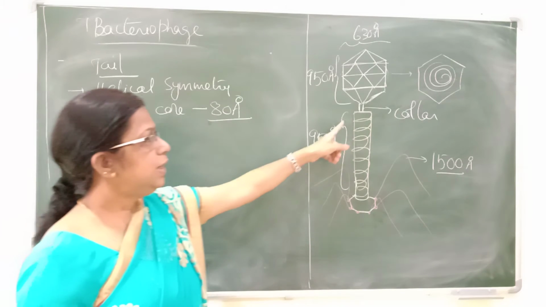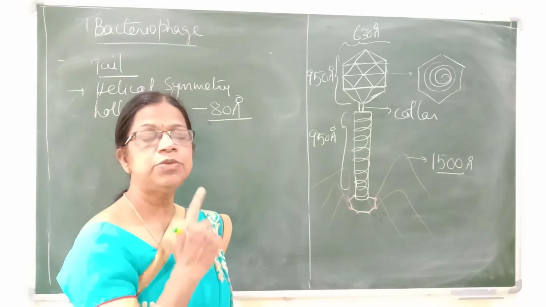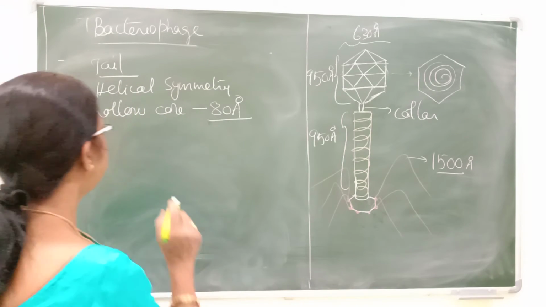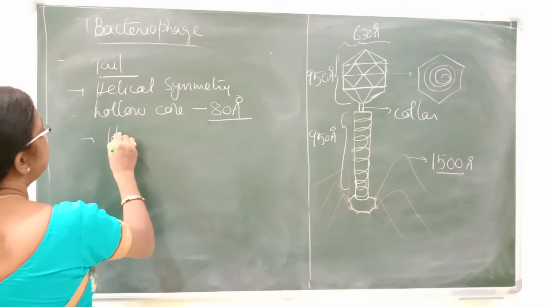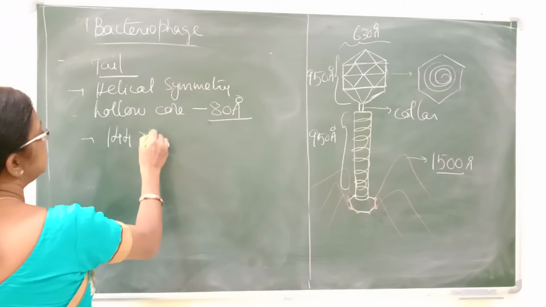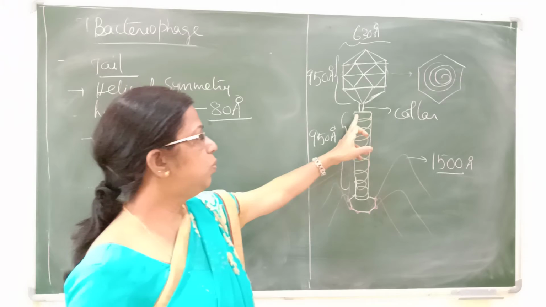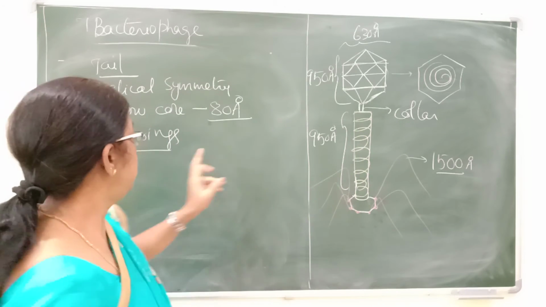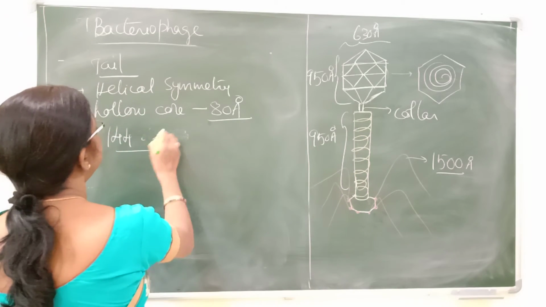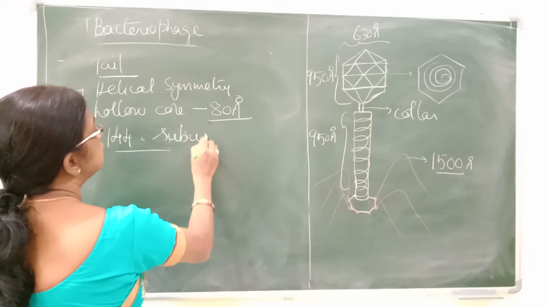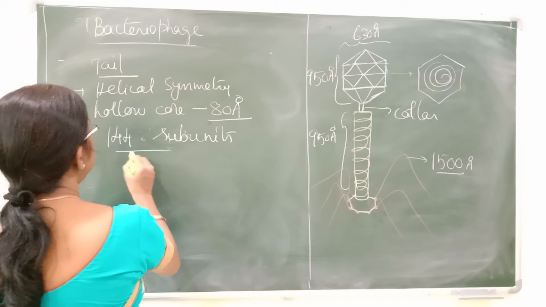The tail sheath is arranged in a spiral manner and forms about 144 subunits, not solid rings.